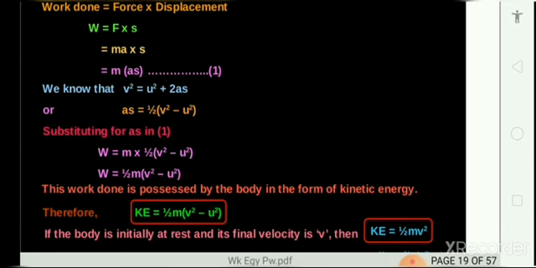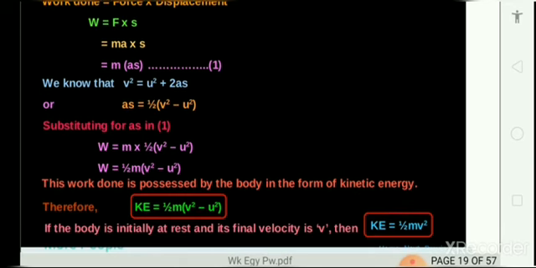Now we know that v square equals u square plus 2as, the equation for the displacement. Just place that, and you will get that work done is equal to half m into v square minus u square. Work done is possessed by the body in the form of kinetic energy.